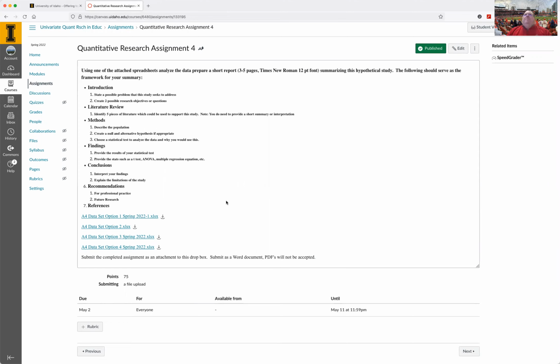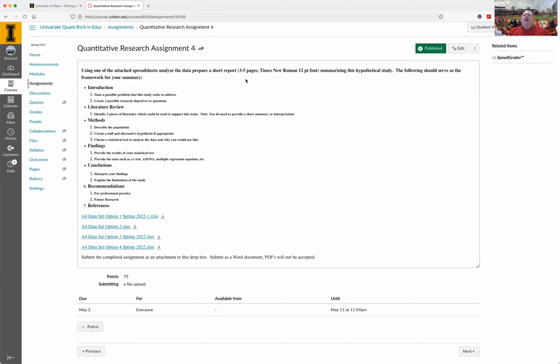And then you're required to write a 3 to 5 page paper, Times New Roman 12 font. And it's kind of a mini journal article, mini research paper presentation. Provide the introduction, your lit review, and I'm asking that you find 5 pieces of literature which can be used to support the study.